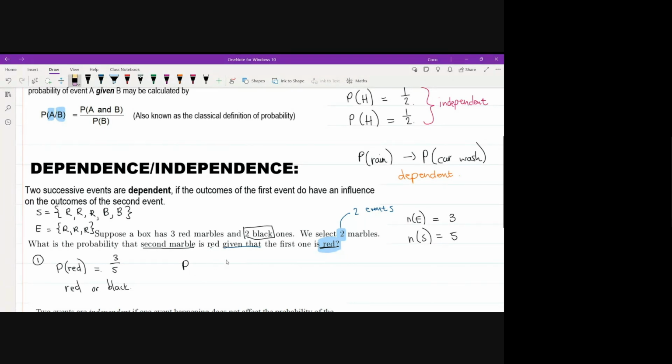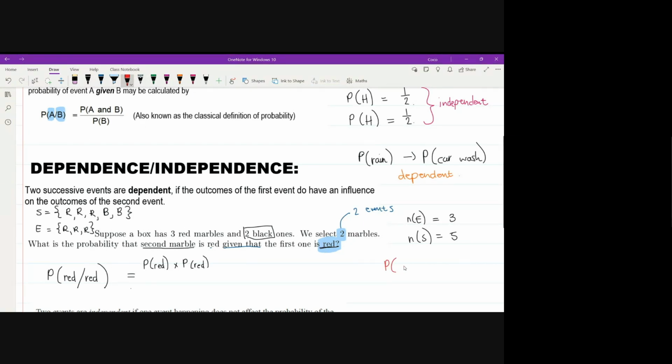So we need to write the probability of our first event and B. We need to take the two and multiply them. So the probability of red times the probability of red, because those are both A and B, right?